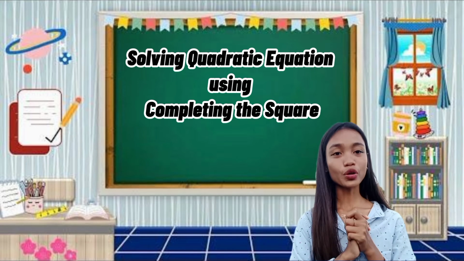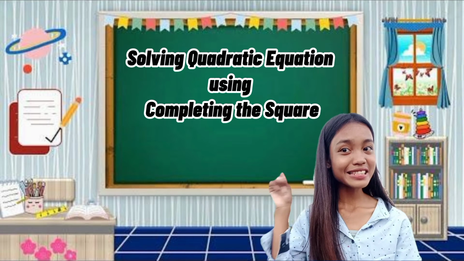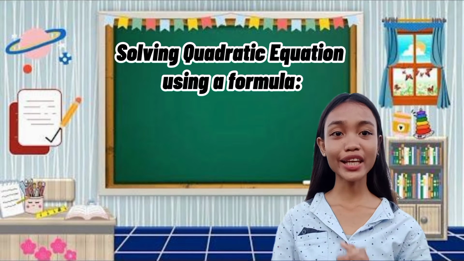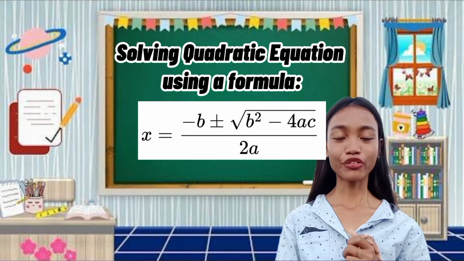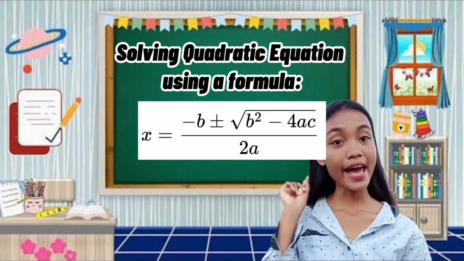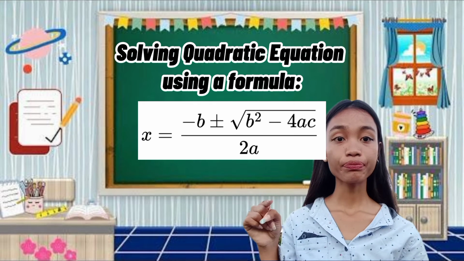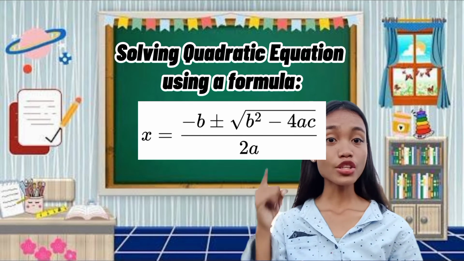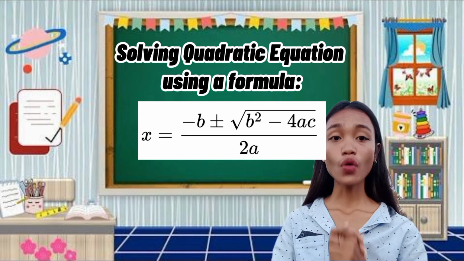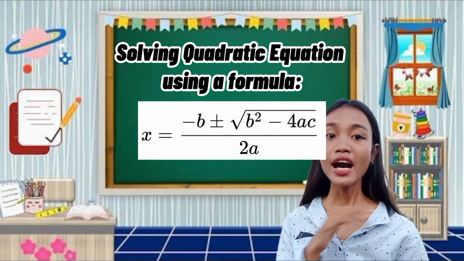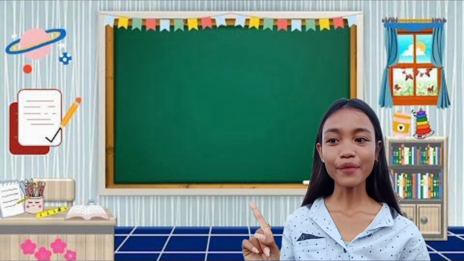So I hope you learned from that example. And lastly, we'll be solving quadratic equation using a formula. The formula is x is equal to negative b plus or minus the square root of b squared minus 4ac over 2a.